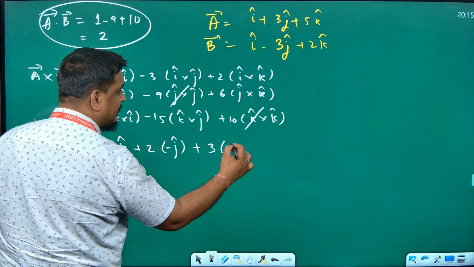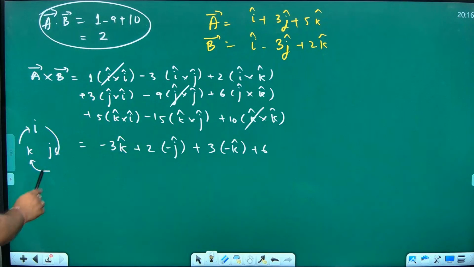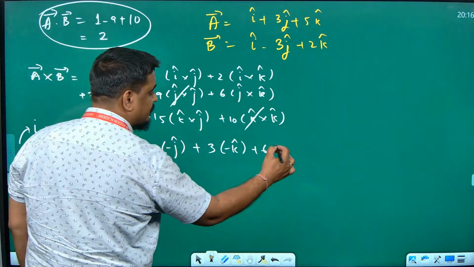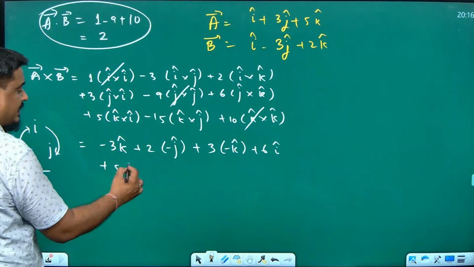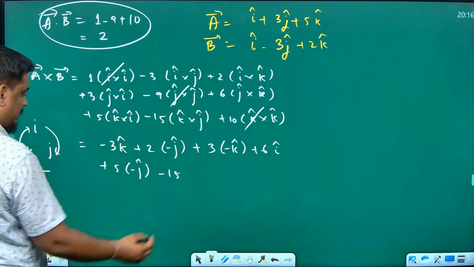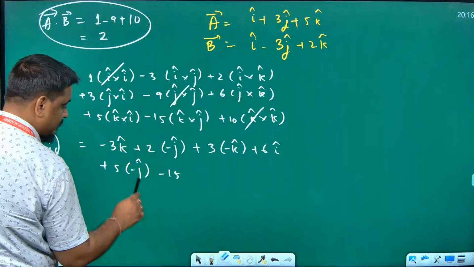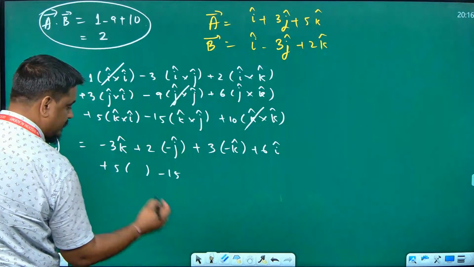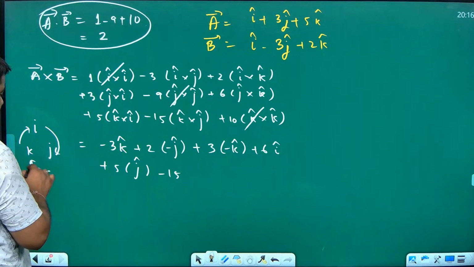Minus k. Plus 6. What is j cross k? I. Plus 5. What is k cross I? Plus j, correct, sorry. Minus 15, k cross j, minus I.